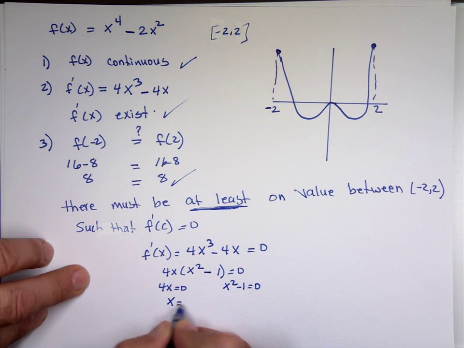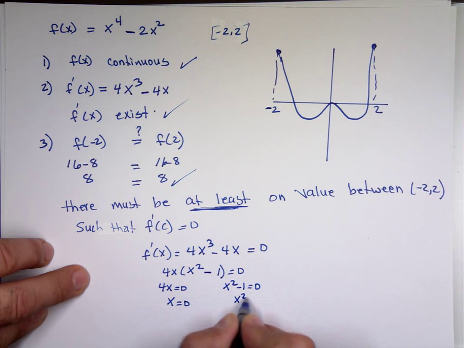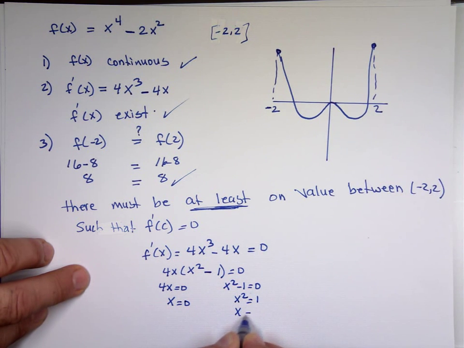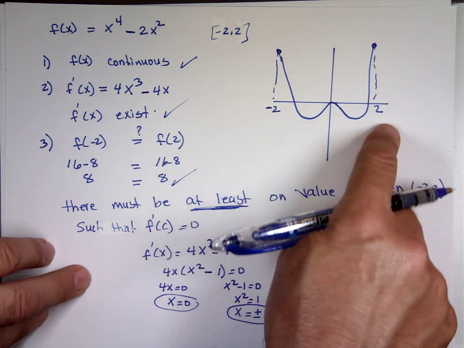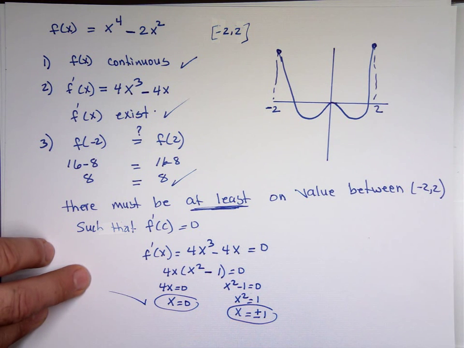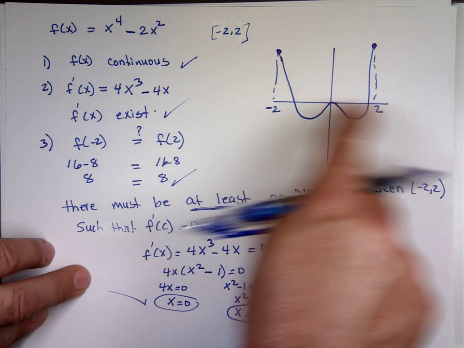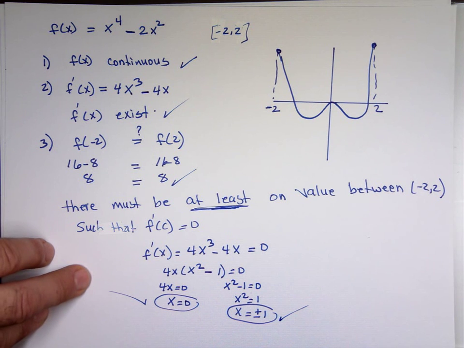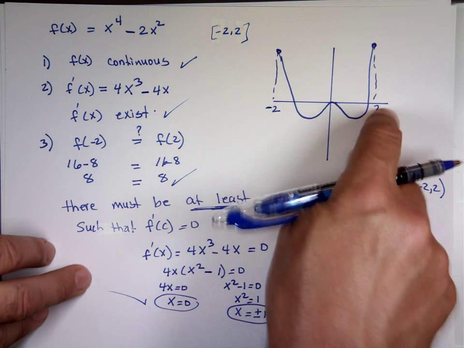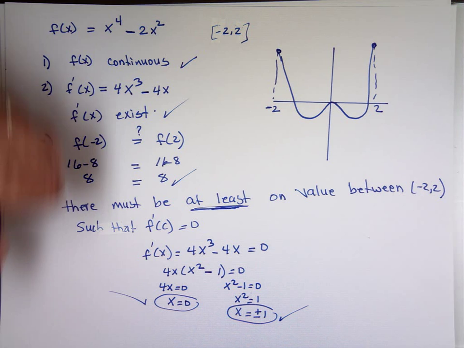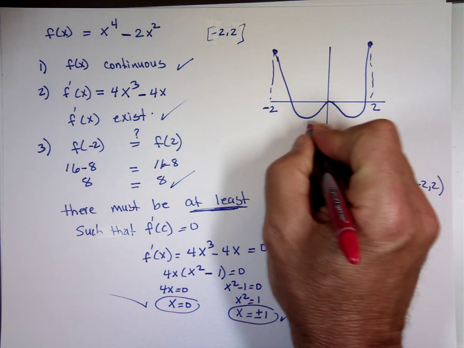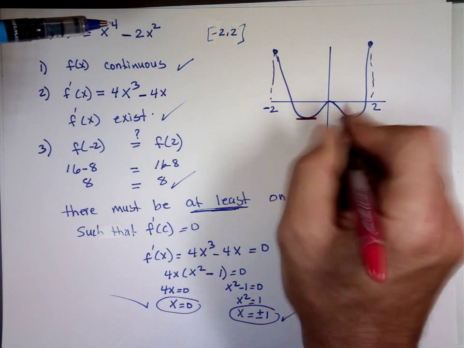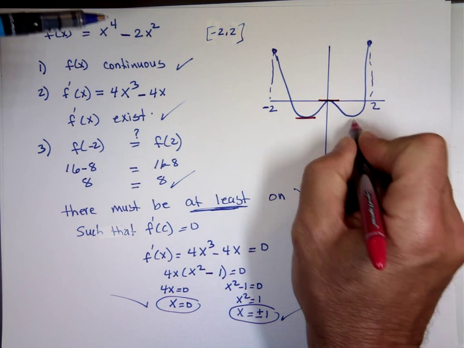X equals 0, x squared equals 1, x equals plus or minus 1. Is the 0 between minus 2 and 2? Yes. Is the minus 1 between minus 2 and 2? Yes. Is the plus 1 between minus 2 and 2? Yes. There are three values where the derivative is 0. You have 3 min-max points. This is one, this is another one, there's a third one.